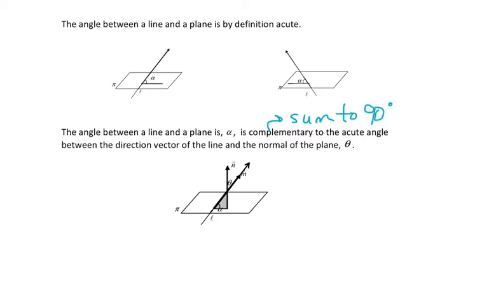So what we can do then is we can use our normal direction and we can use our m, dot those to find the cosine, and of course remember that cosine of an angle and sine of the complement are equal to each other. So let's think about that for a second.